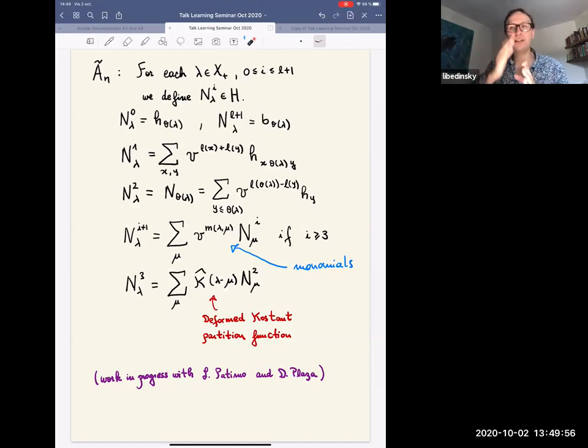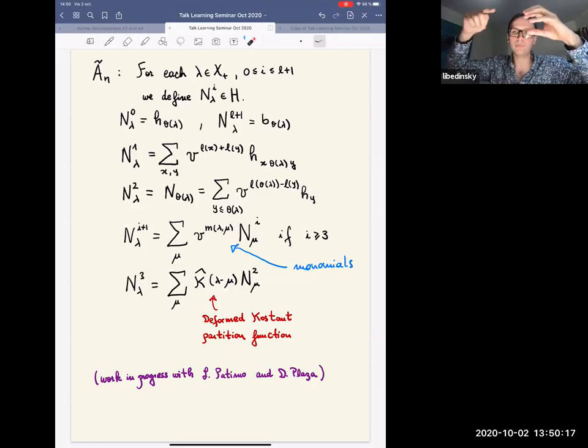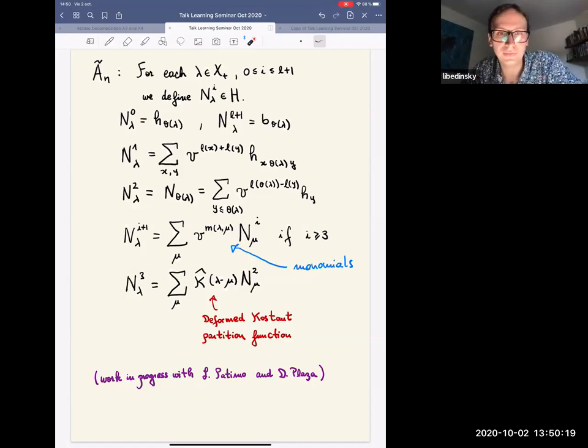Then in each N_i you consider just roots of length r_i or more, and you construct this N as a sum of Kazhdan-Lusztig basis elements where you only consider this kind of elements.